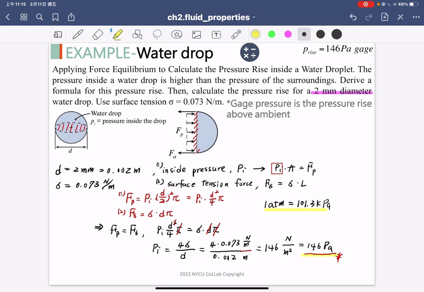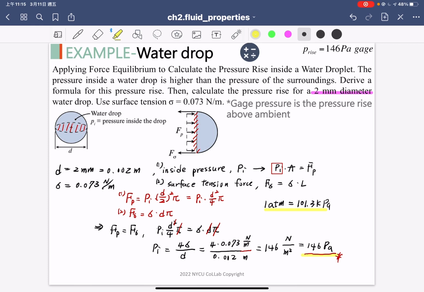The inside pressure showing here is quite smaller than the environment pressure. So that means we only need a little bit of pressure change compared to ambient pressure, and we can have the bubble.